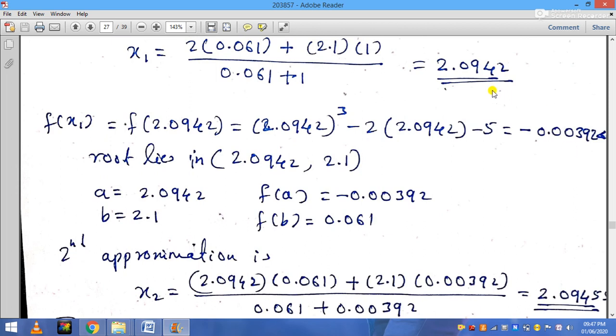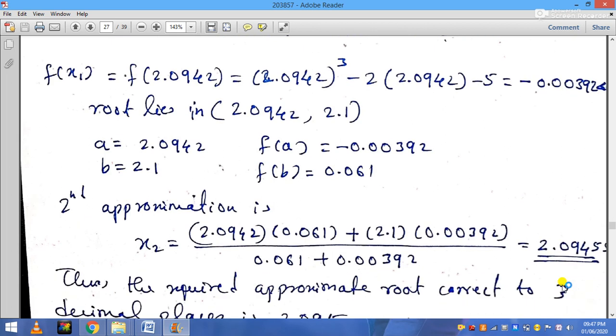The first answer is 2.0942, the 3 decimals after the point will be 094. Then in the second iteration the answer will be 2.0945, then the 3 decimals after the point will be 094. So 2.094, 2.094, the first and second iteration answers are the same.